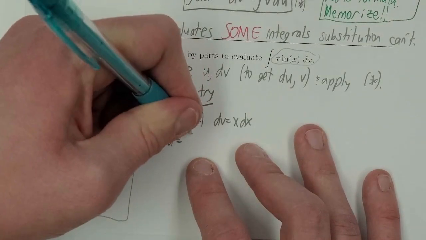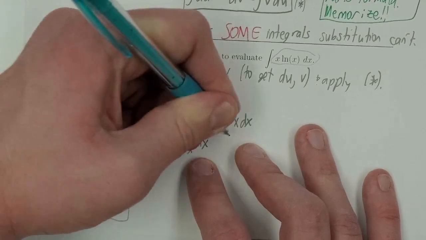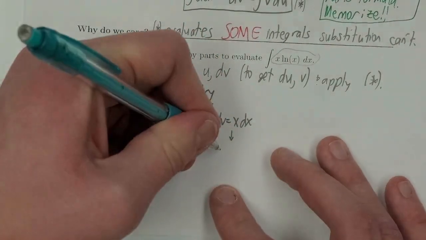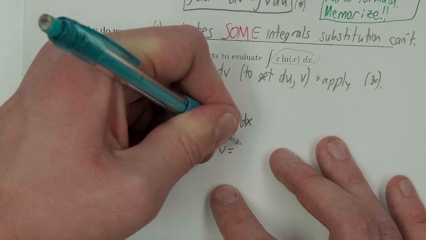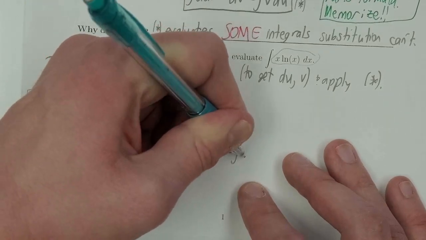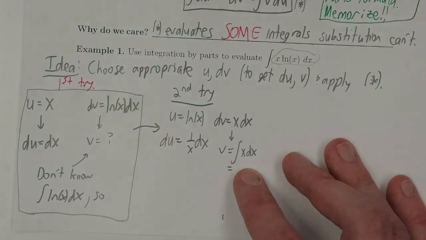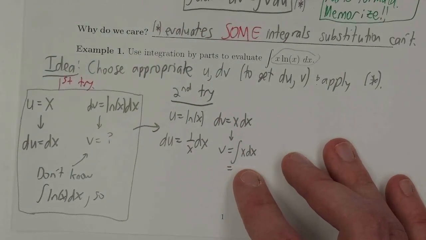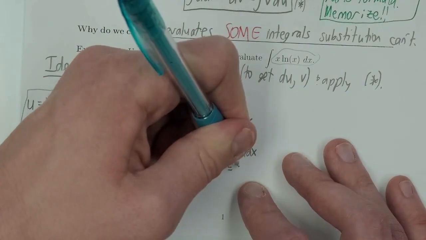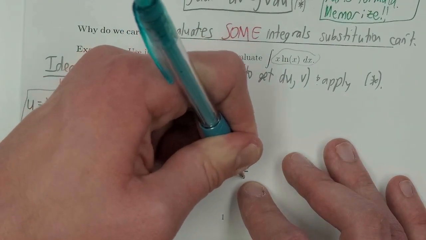Yes, 1 over x, right? Times dx. Okay. Now, with v, you're going to need the antiderivative of x times dx. So what would that be? One half x squared. Yeah, 1/2 x squared, right? So I'm going to write this as x squared over 2, okay?